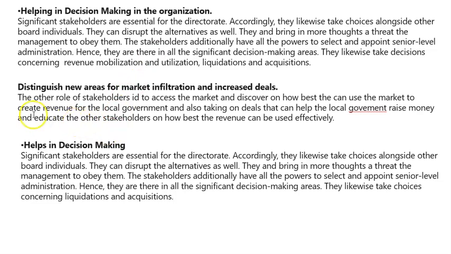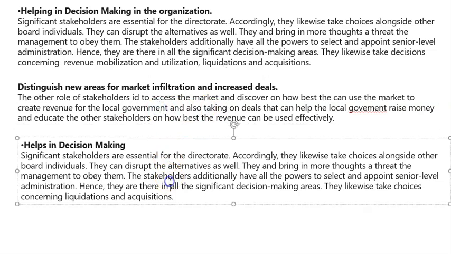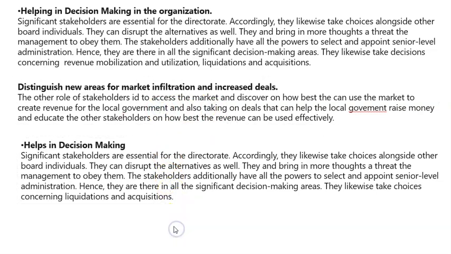Then, the other point is they identify new areas of market expansion and increase deals. They have to make sure the local government gets the best deals in town. These local governments normally get deals from the donors.